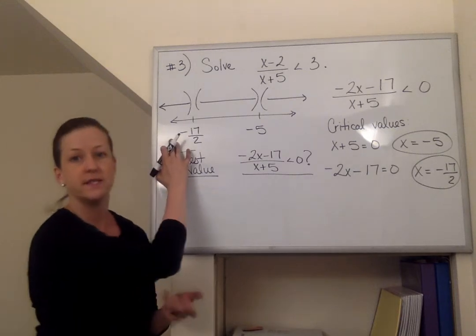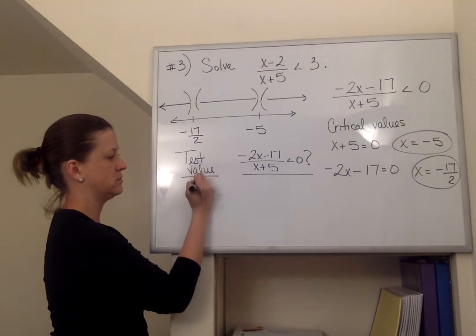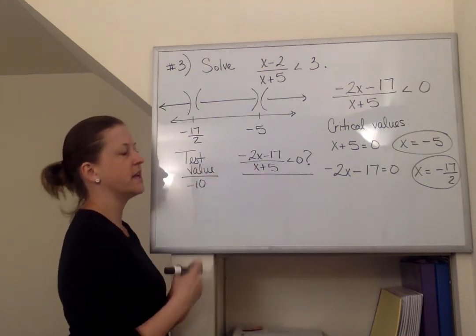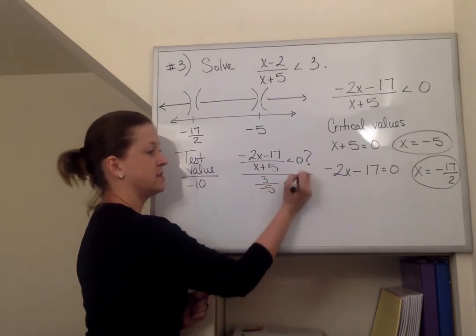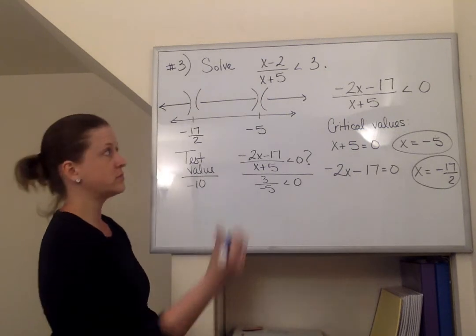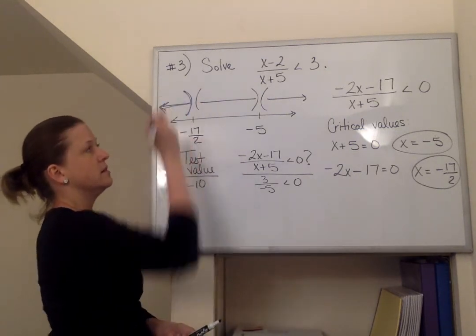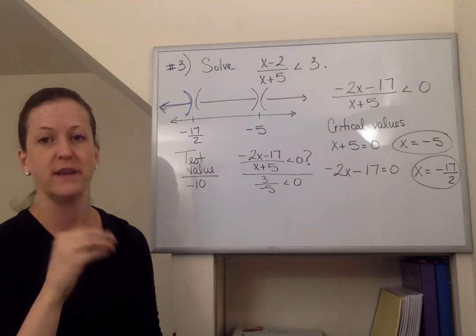So something less than negative 8.5, let's say like negative 10. So if I plug in negative 10, I'll get 3 over negative 5, which is negative, okay? So that means that this interval less than negative 17 halves is part of my solution.